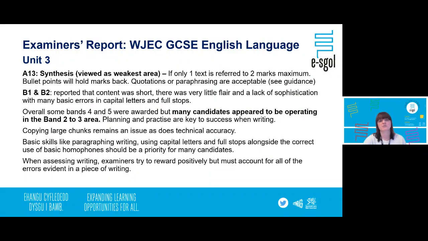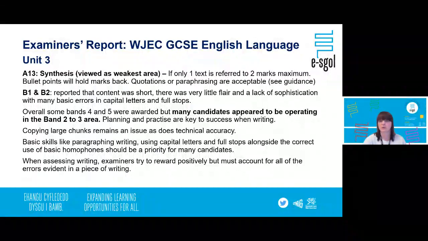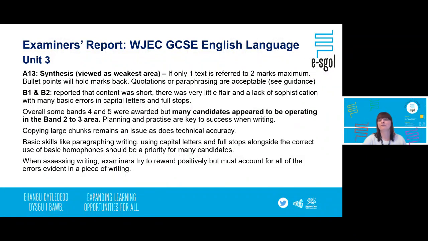A lot of the issue with section B was that the content was quite short, with little flair, lack of sophistication, and lots of basic errors. An issue was the fact that a lot of candidates were copying large chunks of the resource material. So you get your little booklet of resource material that you use to answer the questions.